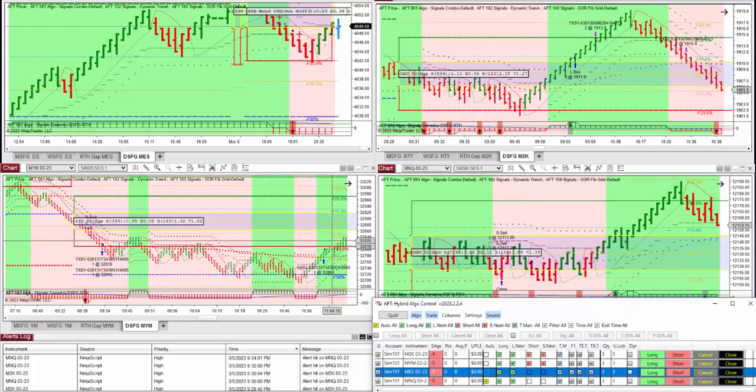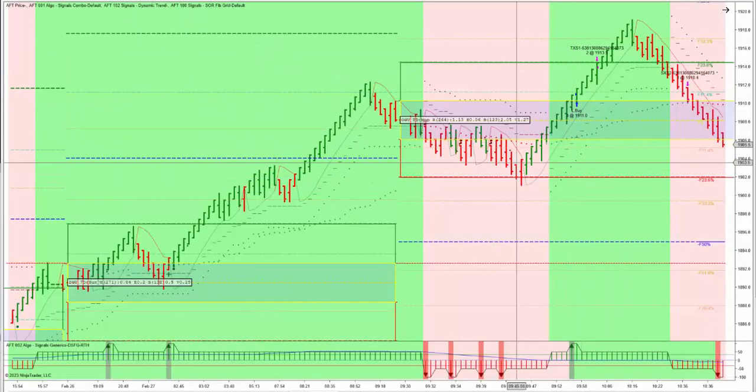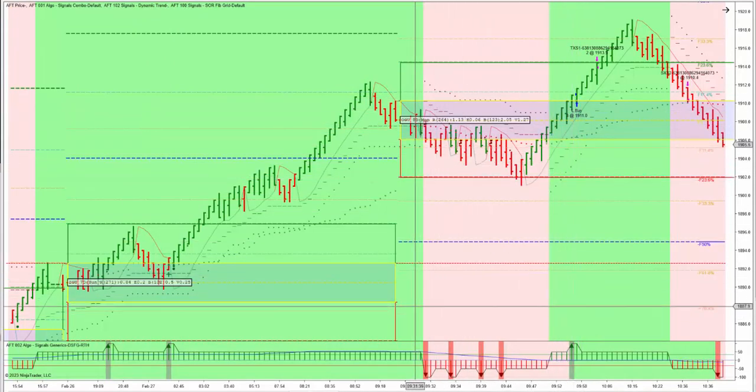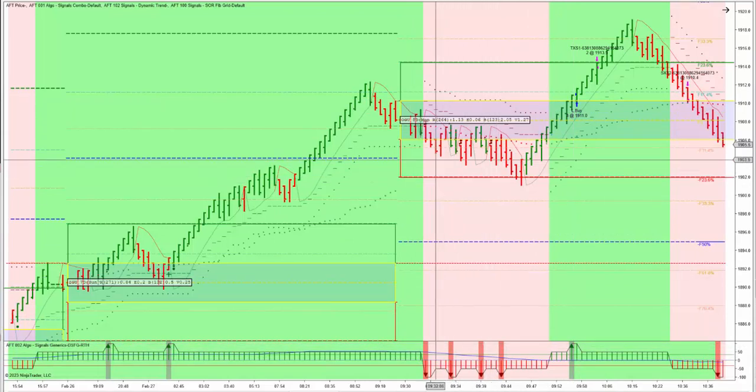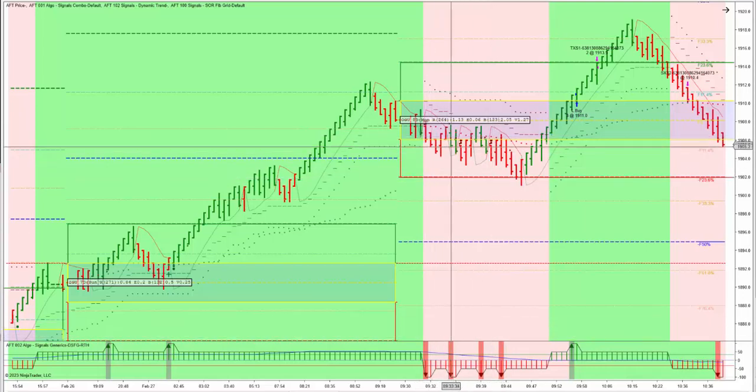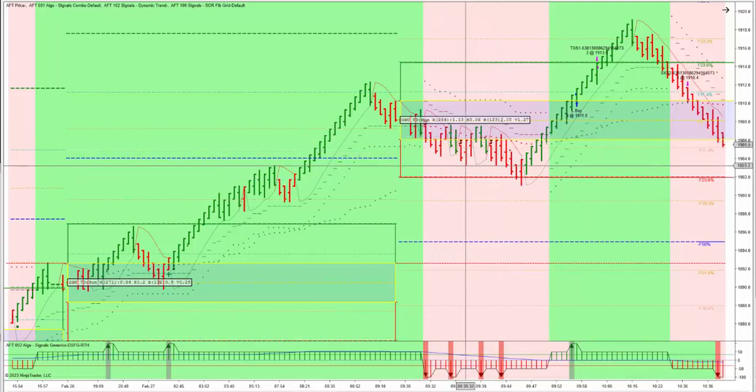So let's go through some of the trades this past week. I don't think there was anything in the ES. This is the Russell from Monday, and this was software generated. There were some short signals given by the software right off the open, four of them here. But we eliminated those.